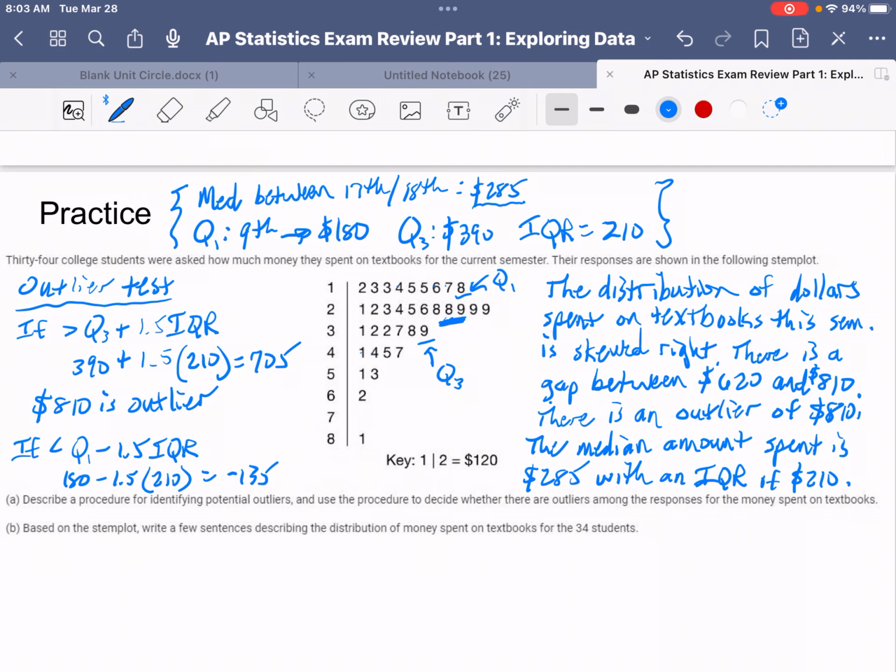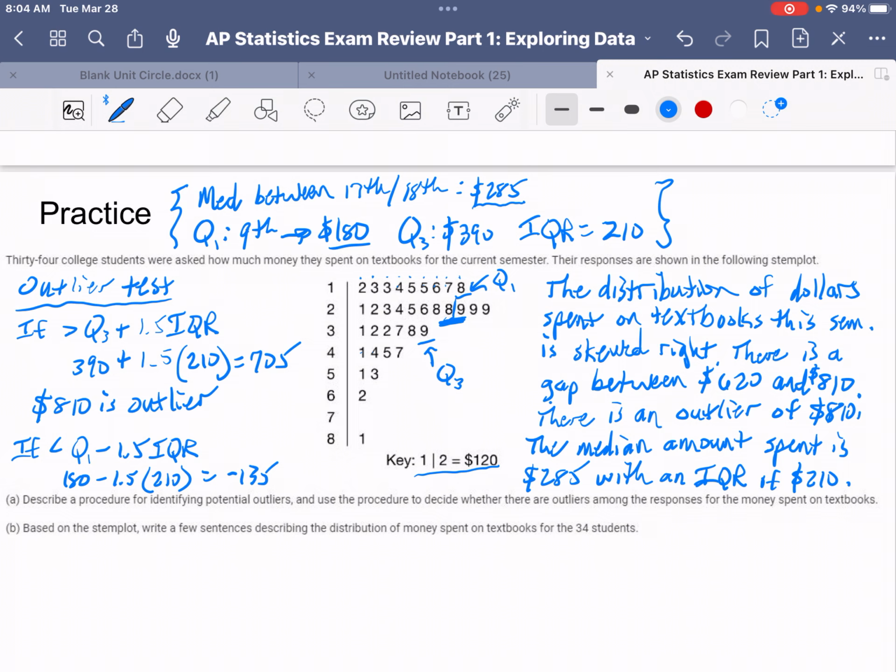The first quartile is the ninth number. So I counted starting here, 1, 2, 3, 4, 5, 6, 7, 8, ninth number. So that's $180, Q1. Then I counted 9 numbers past the median, which is right here.